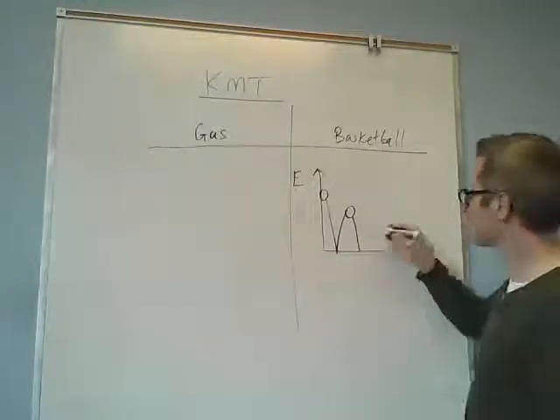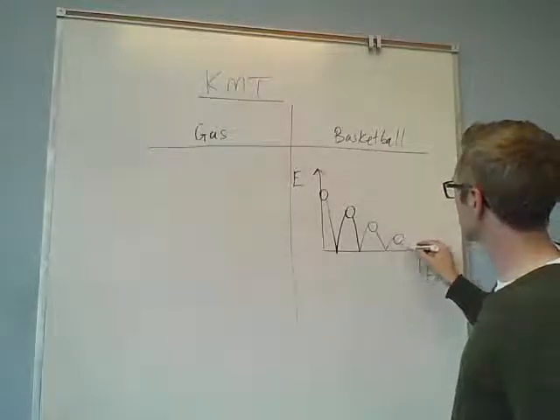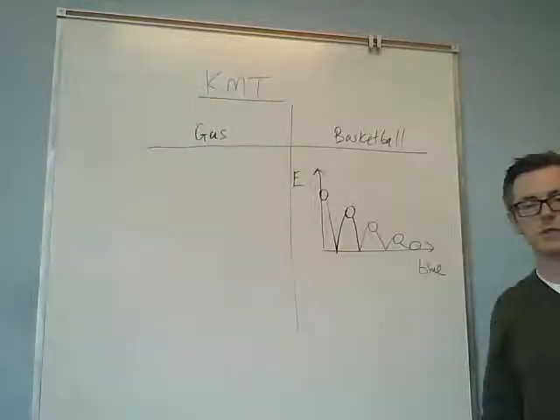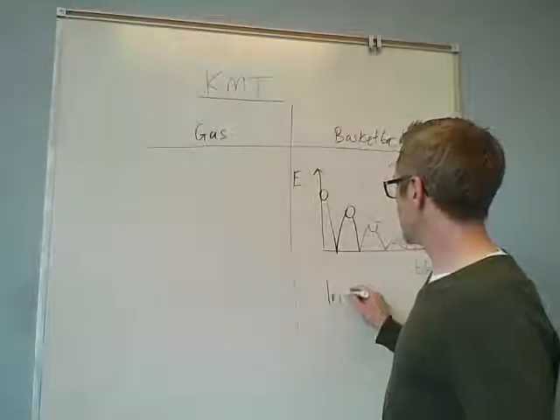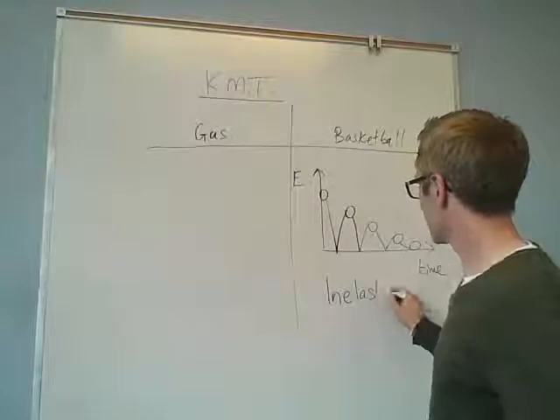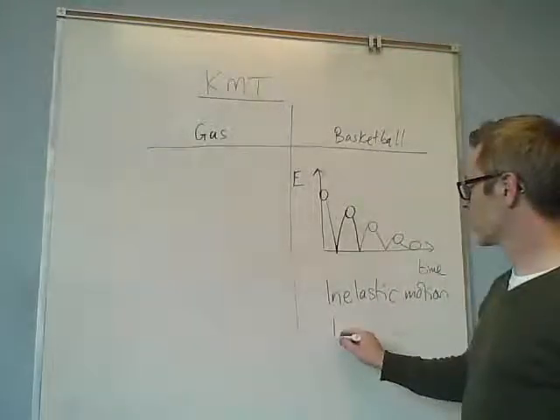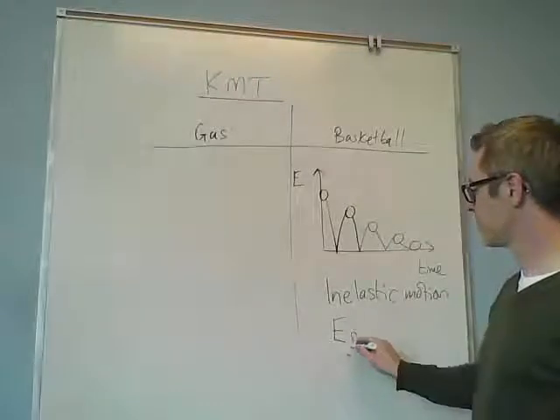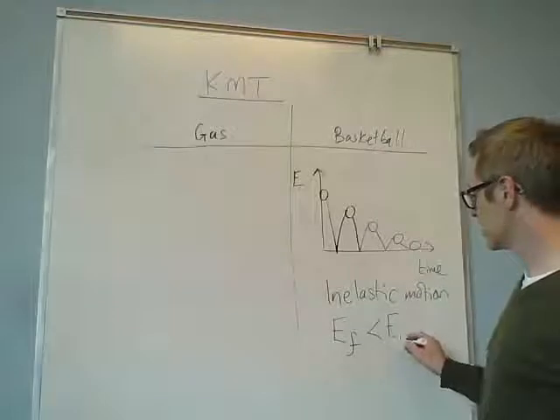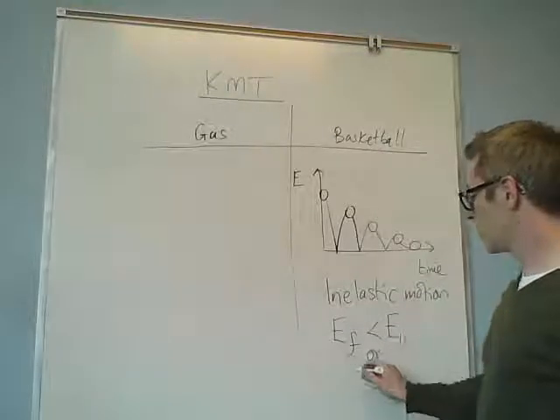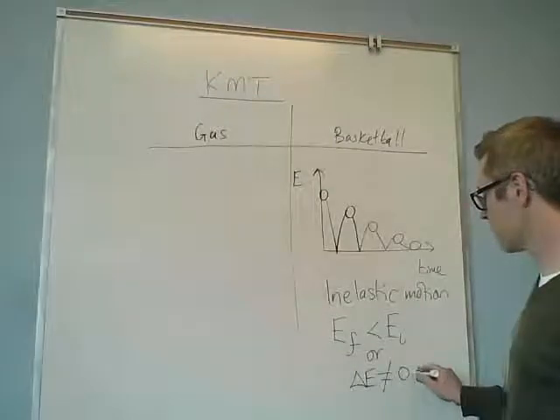Time is pulling it forward. Lose some energy, and eventually that basketball is going to sit on the floor. That would be inelastic motion. So the final energy is going to be less than the initial energy, or the change in energy is not equal to 0.